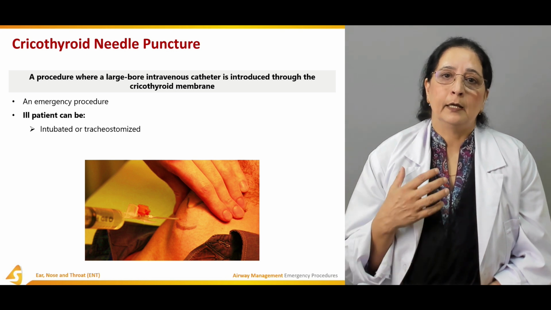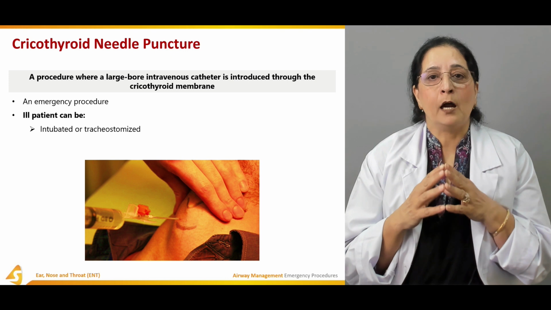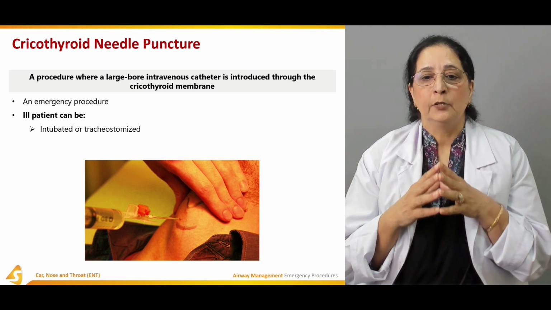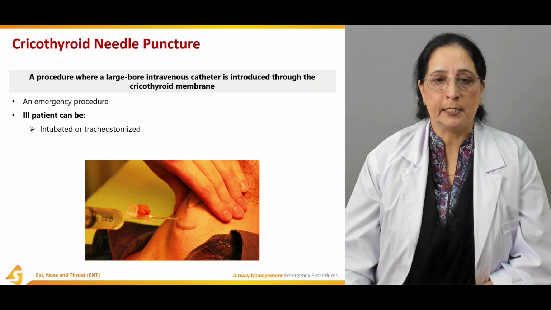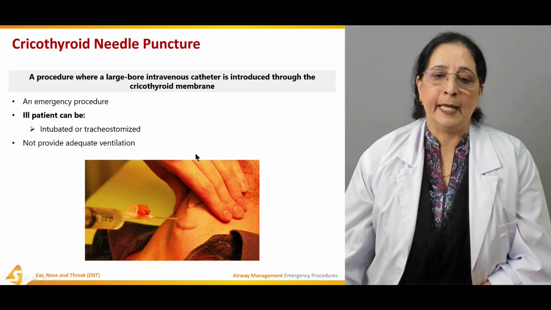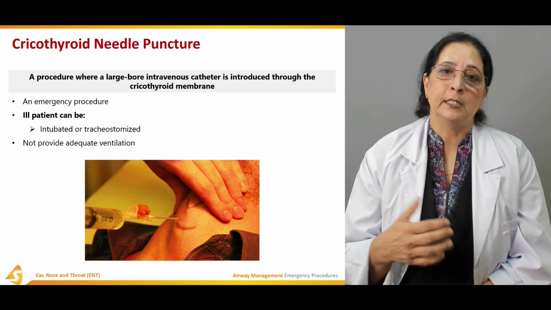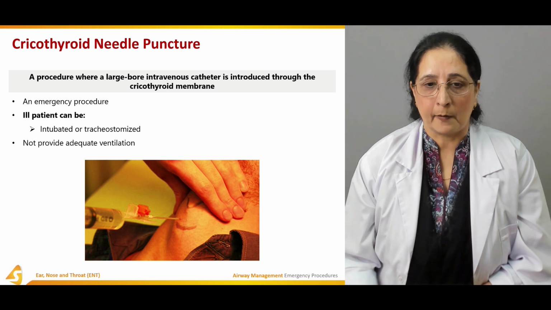So this is the condition in emergency in which a large bore intravenous catheter is introduced through the cricothyroid membrane. It does not provide adequate ventilation, but it can be done in an emergency before the tracheostomy can be performed.